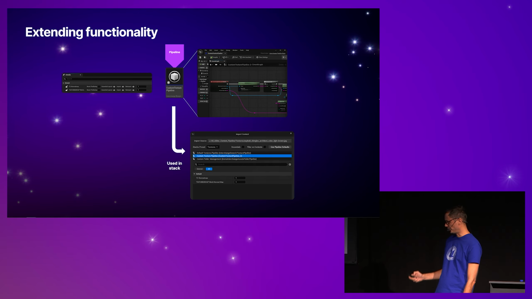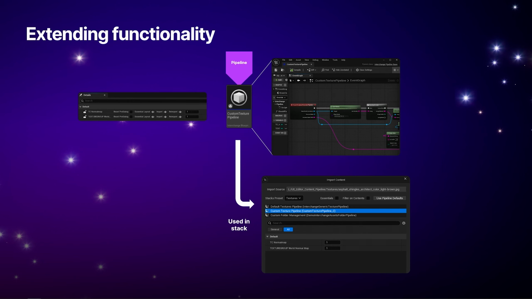If you want to go a bit further, there's a way that I was showing before where you can make blueprint pipelines. So basically, again, it's an asset you create. Inside you have some function hook where you can come and say, I want to do some operation, like change some properties on the factory that is going to create my assets, or I want to change properties on my asset now it's created.